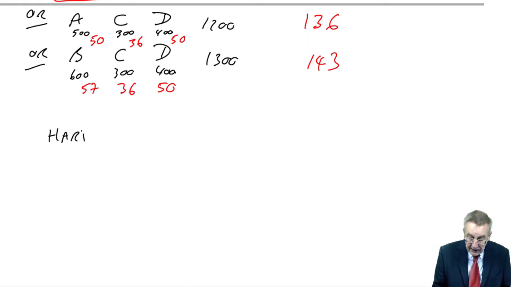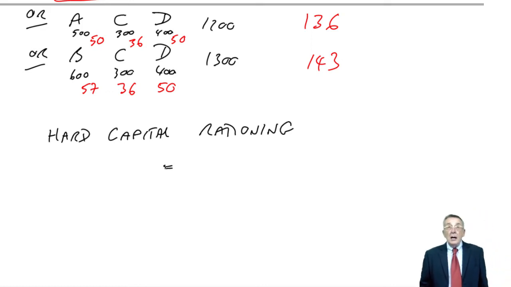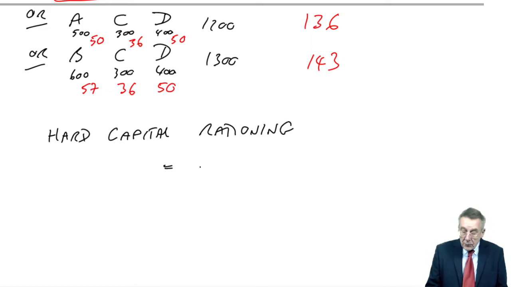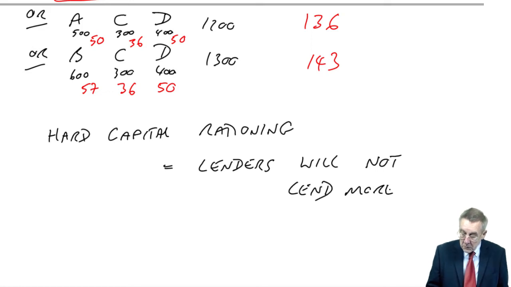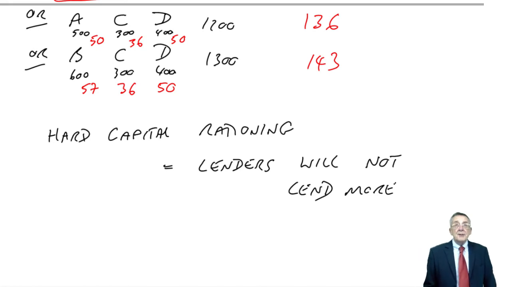It's called hard capital rationing. Hard capital rationing is when lenders will not lend anymore. Now that's the most obvious, I think you'd agree.